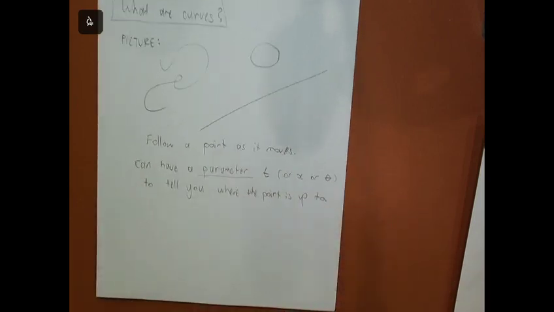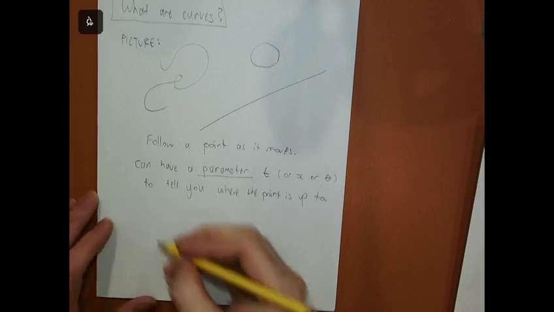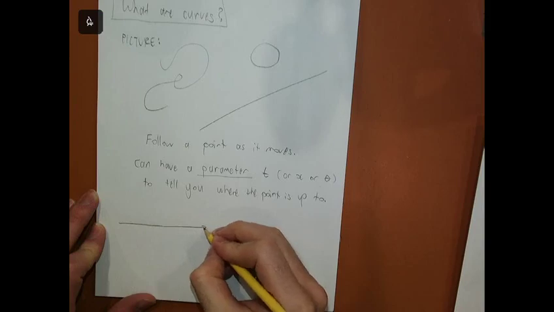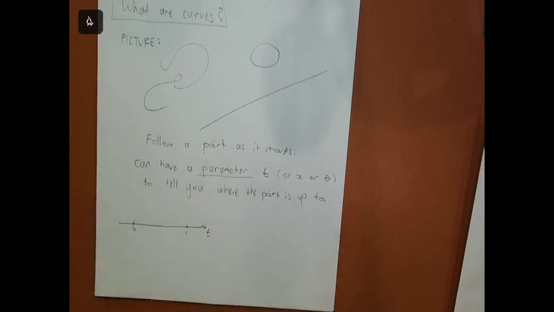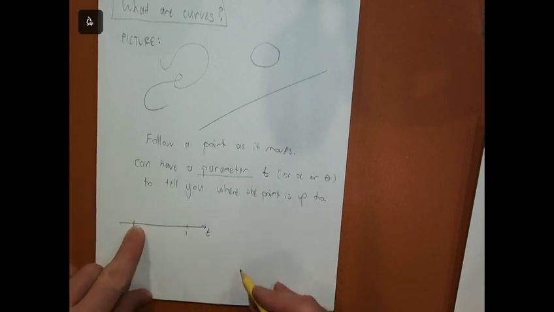Okay, so I like to think of this as a particular view of function. There is the parameter t, which lives on a line somewhere. It's just a number, and often it's between 0 and 1. And then as the t moves along, your curve is traced out.